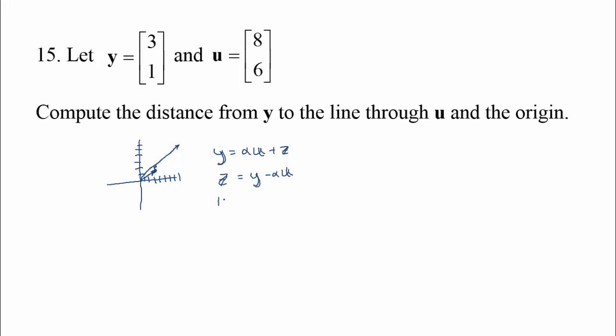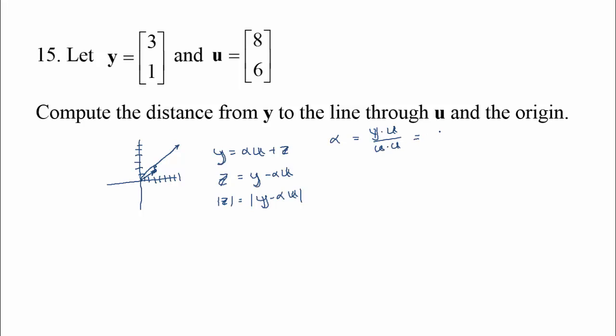So I'll just calculate the length of y minus alpha u. The way we figured out what alpha was is we dotted both sides by u, and since z was assumed to be orthogonal to u, it disappeared. So we got that alpha was going to be y dot u divided by u dot u.